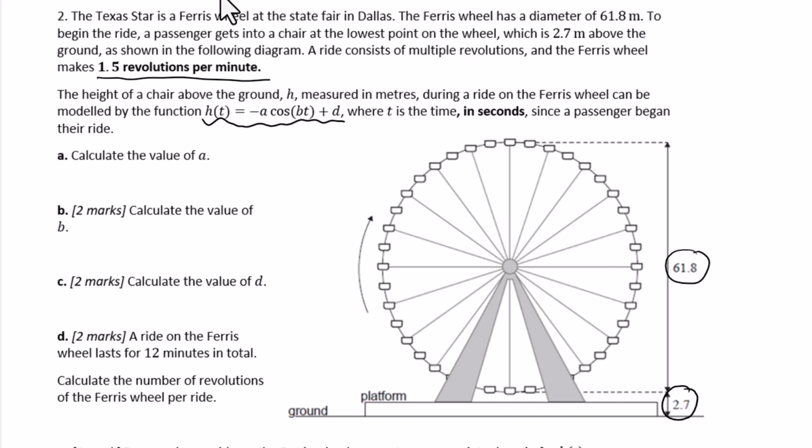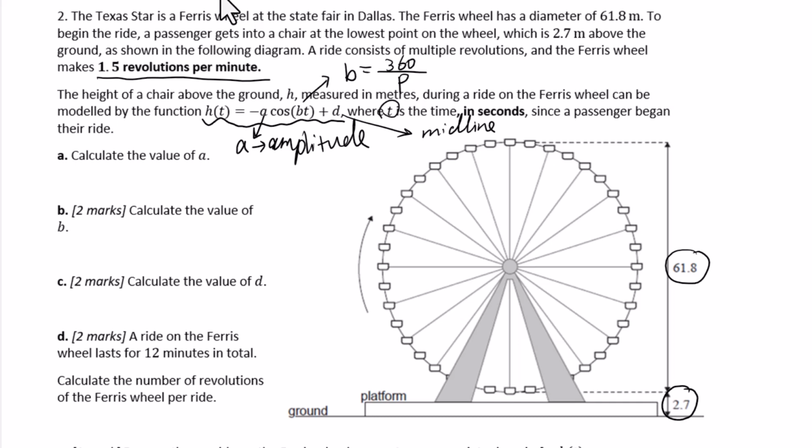From this cosine function, we know this a is amplitude. This d is midline. And this b is dealing with period. We can figure out period first.